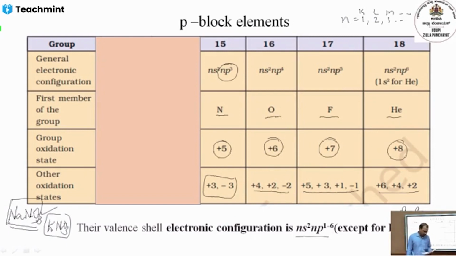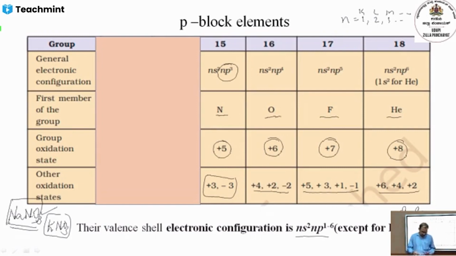Followed by bismuth, which is a metal. So this is how the metallic character varies. The first two are non-metals, the next two are metalloids, which can show metallic as well as non-metallic character, and the last one is bismuth, which is a metal. And the oxidation states, I have already mentioned there.